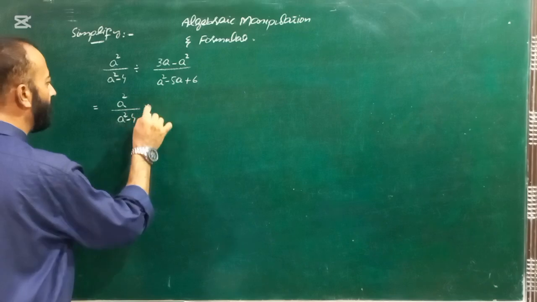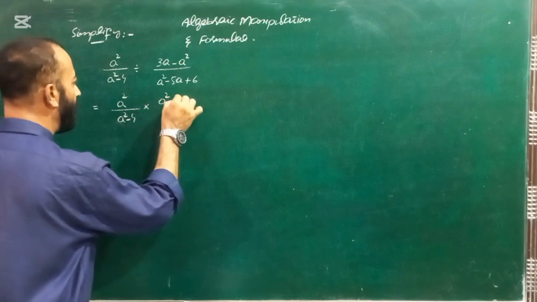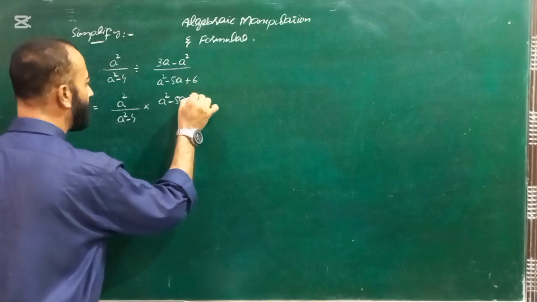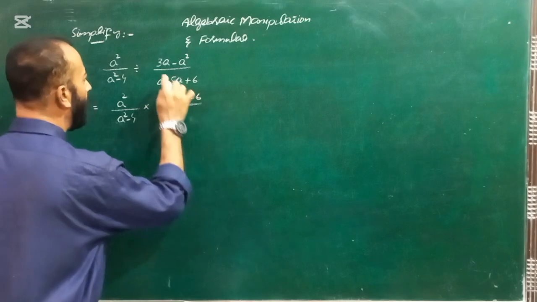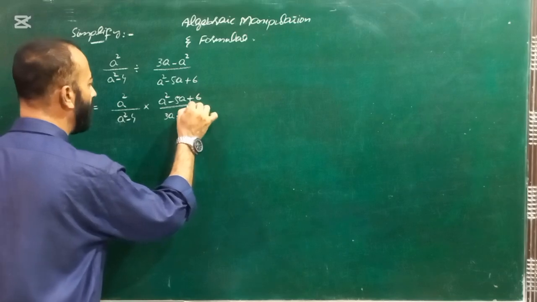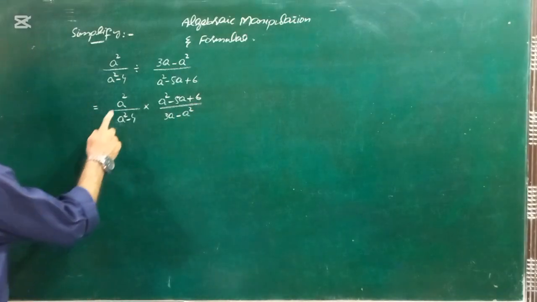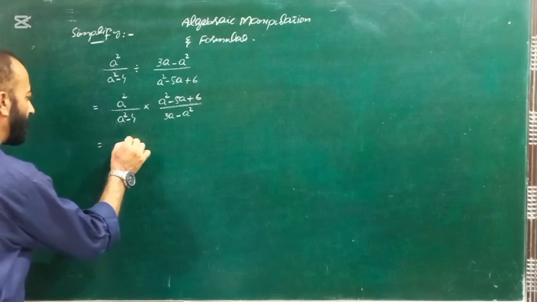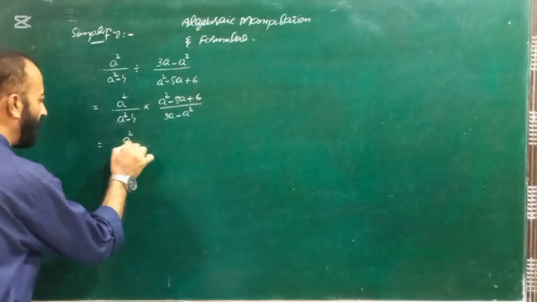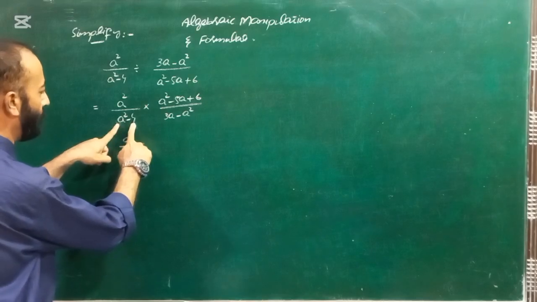This division is converted into multiplication, so a square minus 5a plus 6 will come in the numerator, and this 3a minus a square will come in the denominator. So at this step you can see numerator will remain as it is, but in the denominator we are having 2 squares, that is a square and 2 square.